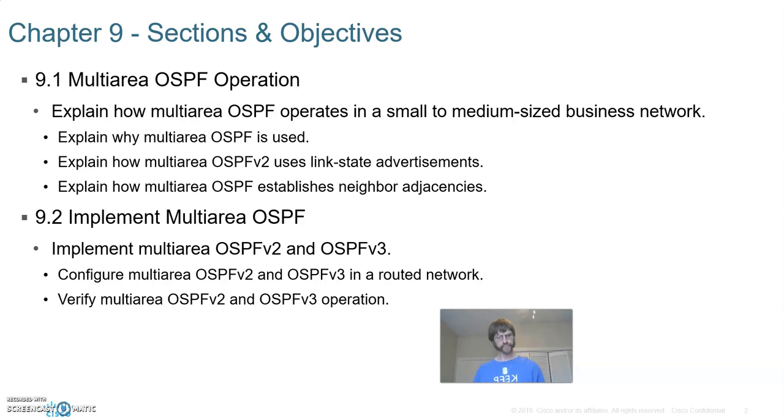And to extend that farther out, there is an intra-area LSA that we haven't seen yet, that we'll see in Chapter 10 when we start talking about DRs and BDRs. So we're going to talk about how it works, design considerations, that kind of thing.